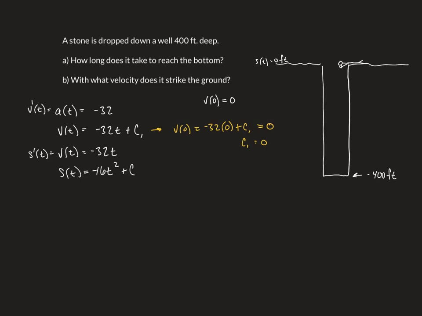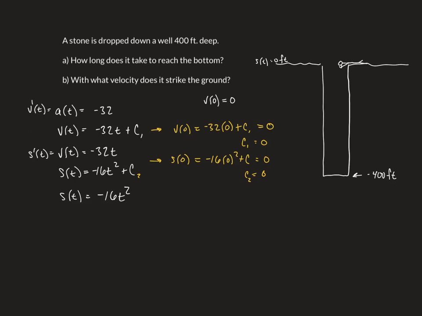So we can say again, to find this constant, s of 0, which would be negative 16 times 0 squared plus c, is also 0. So c2, if we want to look at it like that, is also 0. So my position function then is just negative 16t squared.